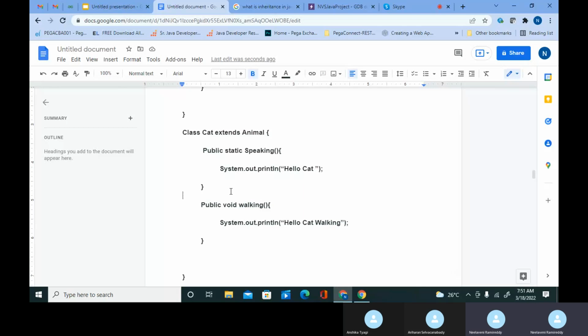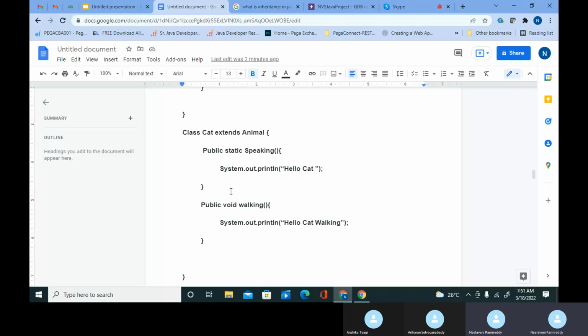How many types of polymorphism do we have? Two types, ma'am. What are those? Overloading and overriding. Now what did we do with this walking method? Overriding. So through inheritance we can achieve polymorphism. This is runtime polymorphism.